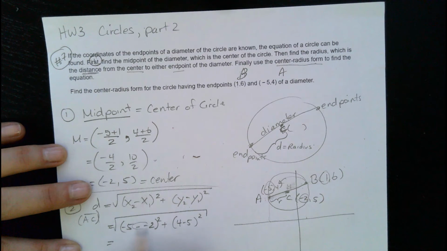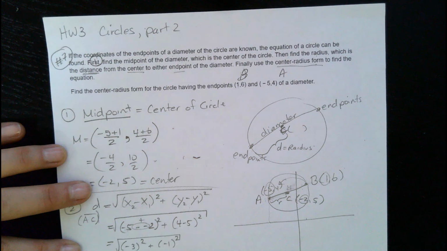Oh, that becomes a plus. So I lose 5 and I gain 2, so I've lost 3. That's -1. So that gives me 9 plus 1, which equals √10. So now I know my distance is equal to √10, which is equal to my radius.